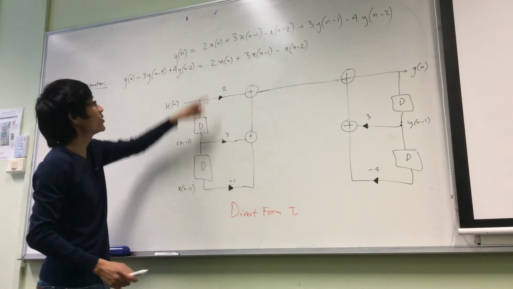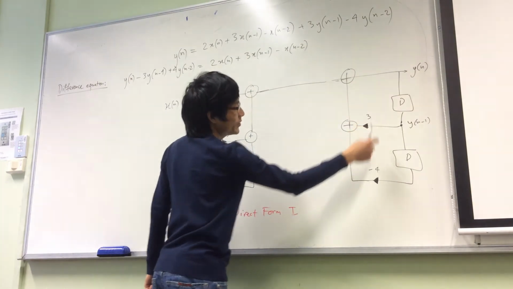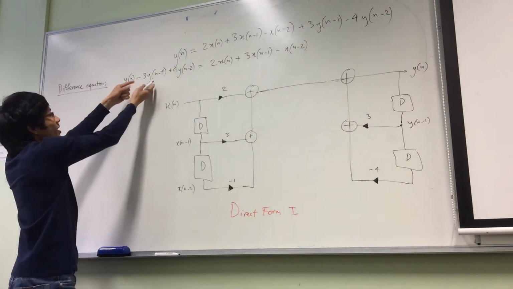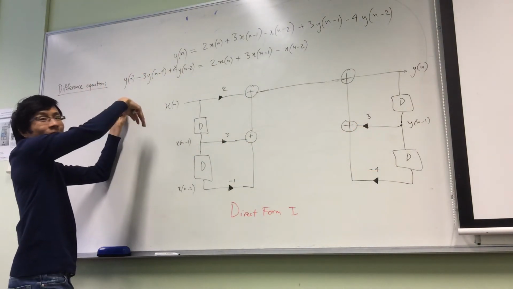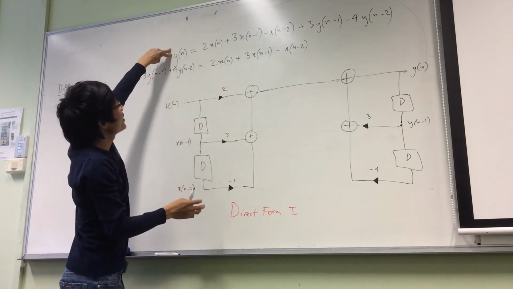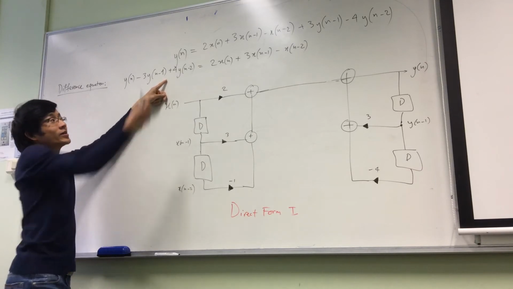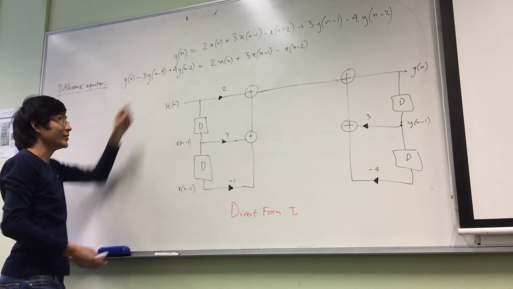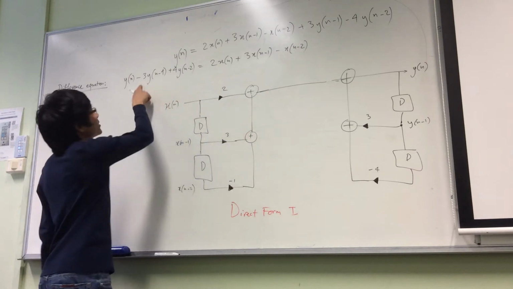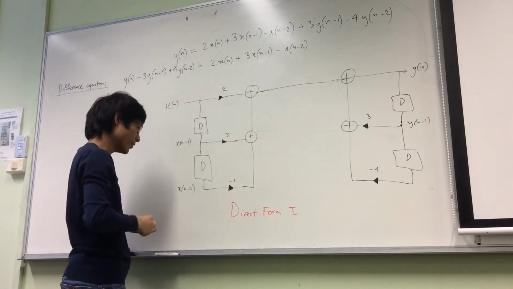You got 2, 3, minus 1 for the x. 1, 3, minus 4 for the y. This is the opposite because you put it on the other side. So be careful around that. This one has the same constants, but this one has to be reversed. So 3 becomes minus 3, minus 4 becomes plus 4. Yes, you need to be careful about that.